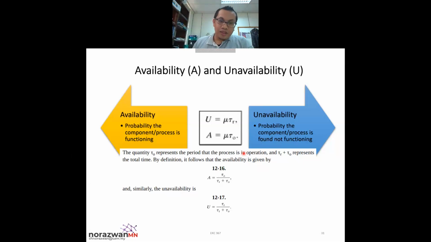So by definition, A is equal to tau naught divided by tau R plus tau naught, because of 1 over mu. And U is equal to tau R over tau R plus tau naught. So you can also write A equal to tau naught over MTBF, and U equal to tau R over MTBF.